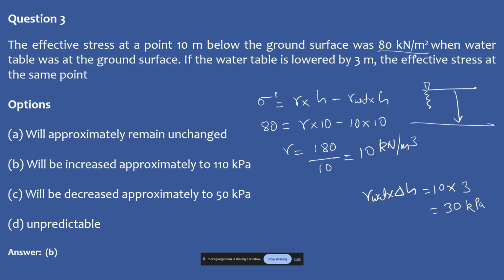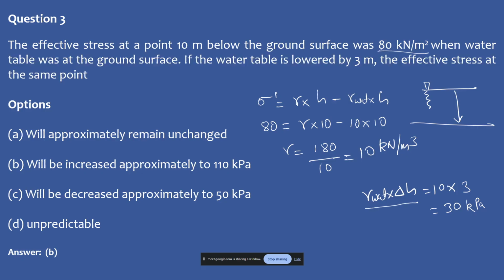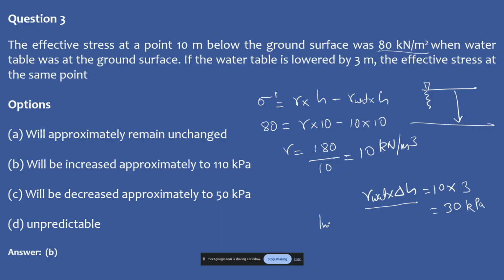As soon as your water table gets lowered, there will be a rise in the effective stress by a factor of gamma water into delta H. The change in water table is 3 meter and gamma water is 10, so we can expect an increase in effective stress by 30 kPa. Your gamma is 10 kilonewton per meter cube. This is the first method.